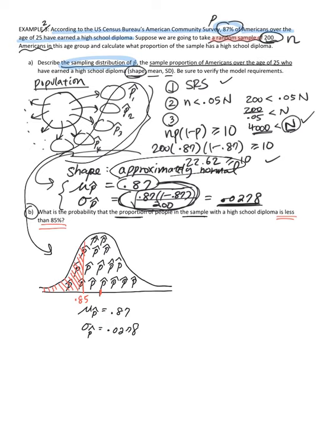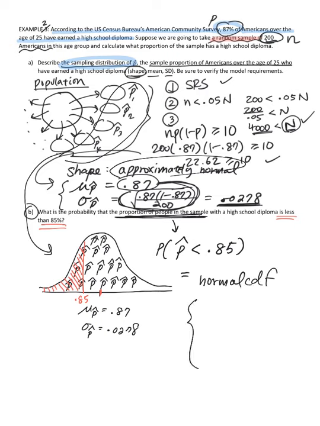So the probability that the sample proportion p hat is less than 0.85 equals normal CDF, with lower, upper, mu sub p hat, and then sigma sub p hat.